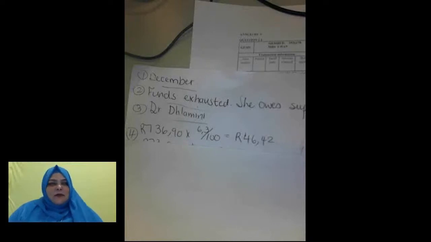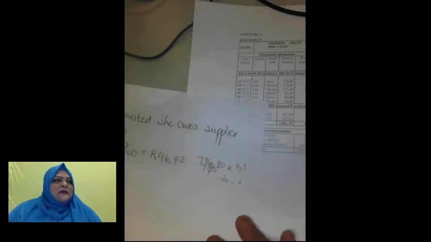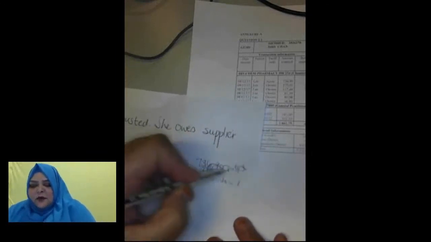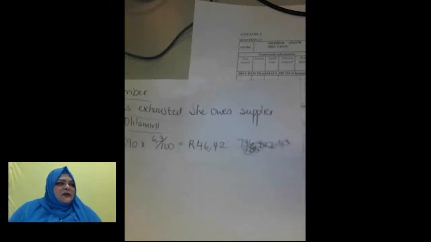Now another thing here, before I forget, is that learners will come up with these funny things, these funny MacGyvers, you can call it. They will say, but Miss, I will say 736,90 over 100 times 6,3 is the same. Please, people, it's not the same. Please avoid saying the 100 is the percentage value.